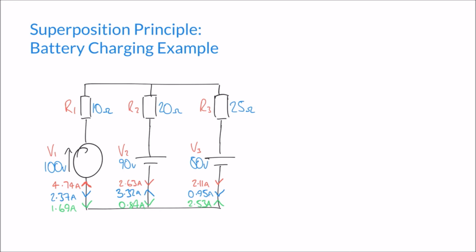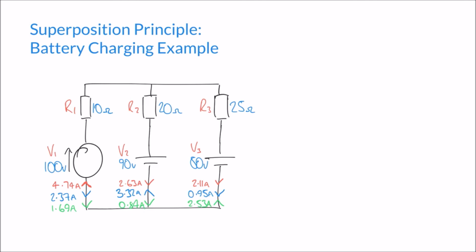And so finally, the last step is to total these currents for I1, I2, and I3. Now the question, if you remember, was just to calculate the charging currents. Really, we were only interested in I2 and I3. But in this case, we're going to calculate all three.